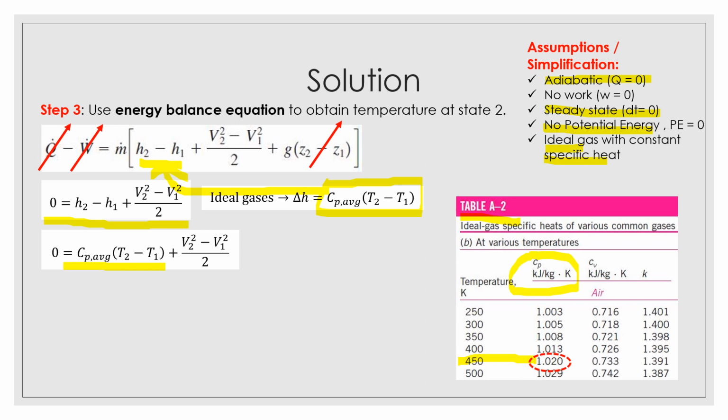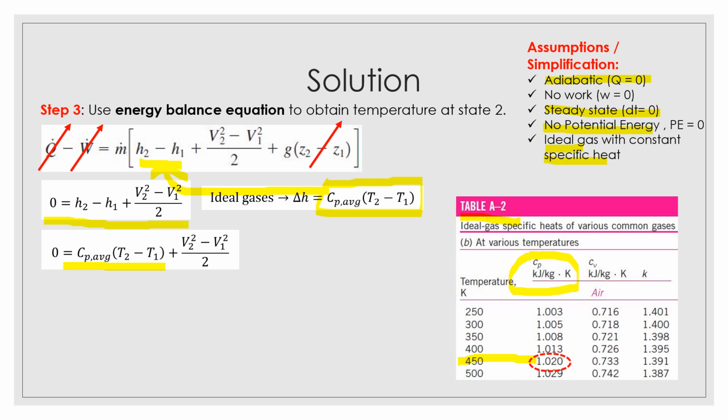Noting that 450 is not the exact value, because when we add 200 Celsius plus 273, it will become 473. Okay, it's not 450. But since the value for the Cp is not much different between the 450 and 473, so directly choose 1.02 as a Cp.